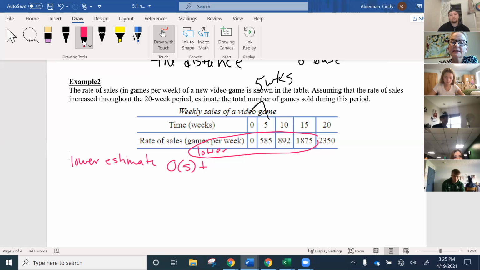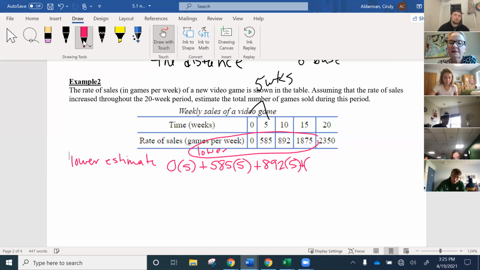Now the next rate listed is 585, but we're still at 5 weeks intervals. Next, what comes next? 892 times 5. There we go.